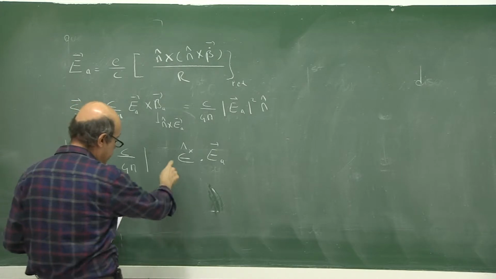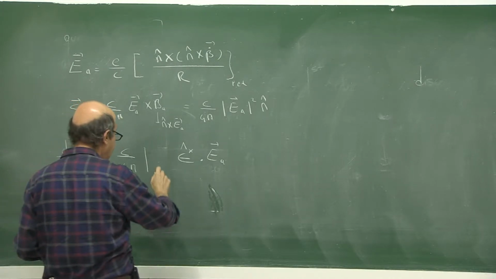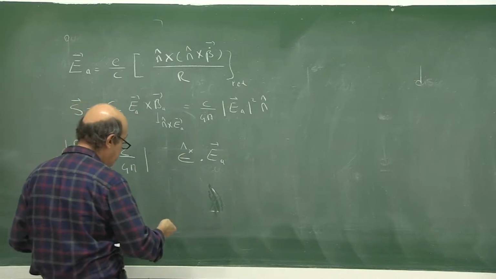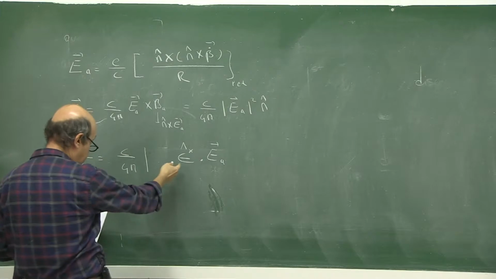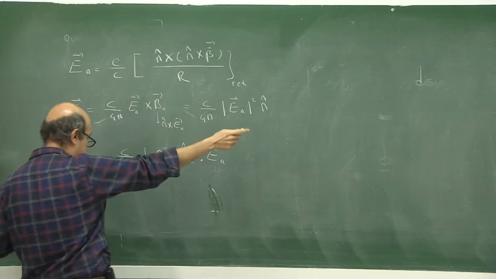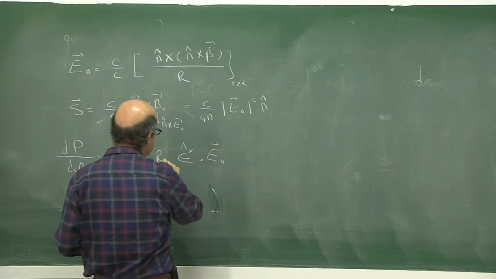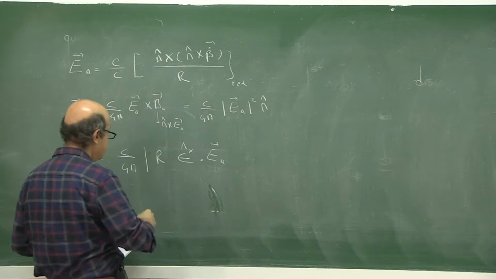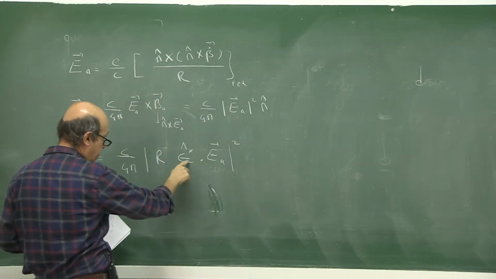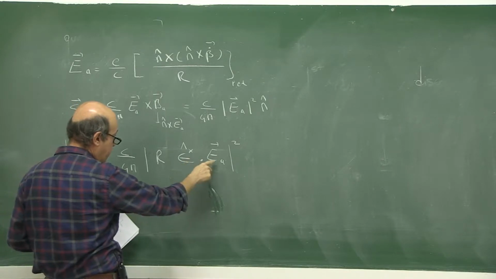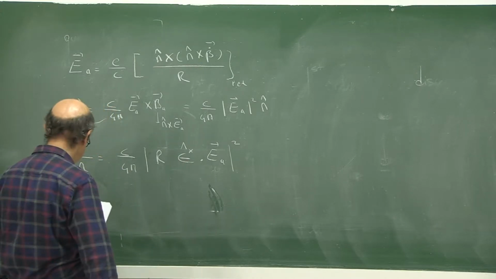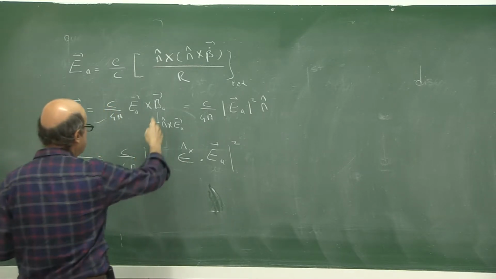The star denotes that epsilon in general is a complex number that could be linear, circular, elliptical polarization, or unpolarized. But we need a polarization unit vector, times r. r is the vector from the emitted radiation to the point of interest, and the square. So basically, if we have a polarization, we have to take the projection of the field along the polarization unit vector.